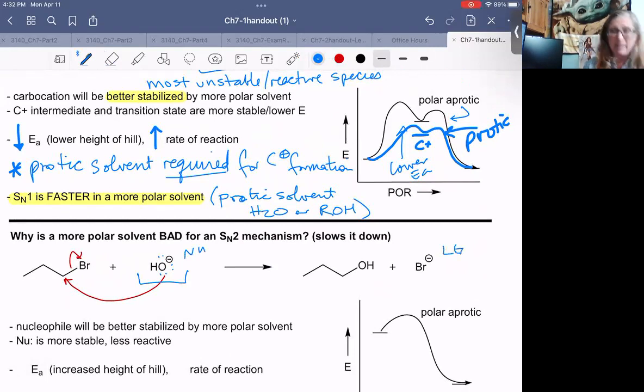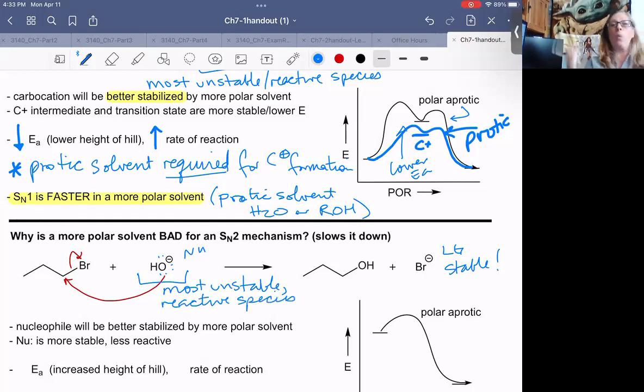Remember, the definition of a leaving group is that it's a stable anion. So by definition, the nucleophile is going to be less stable. So this is the most unstable, reactive species. The SN2 requires a strong nucleophile to attack.